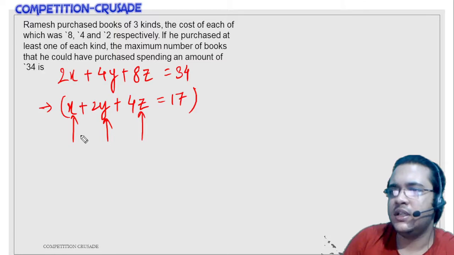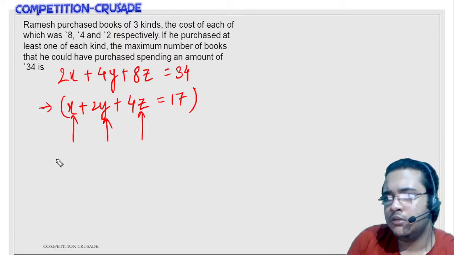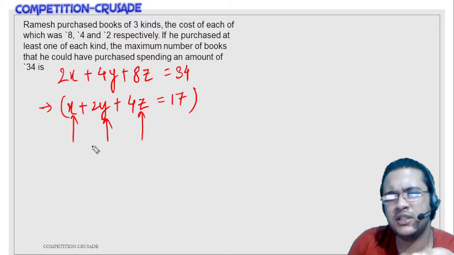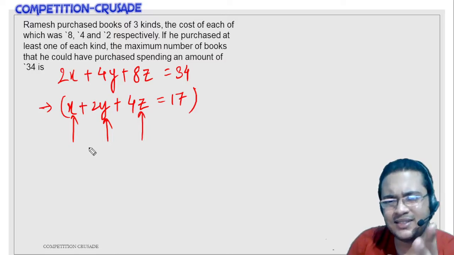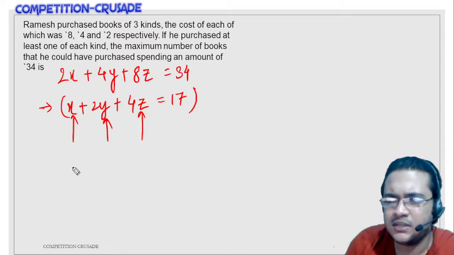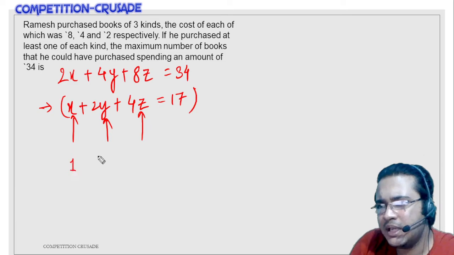So what we can do at this point is that we can just assume a few numbers. So let's say, just randomly, okay, I know the answer is very simple and some of you have solved it like this in a jiffy. But just for somebody who is new to this concept, I'm taking some random numbers. So let me take x as 1 and let me take y as 2.